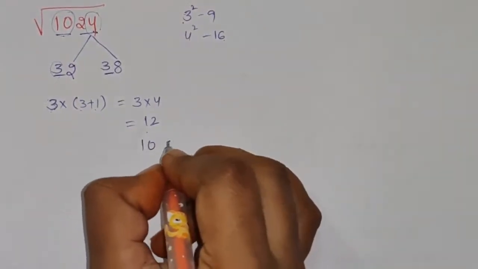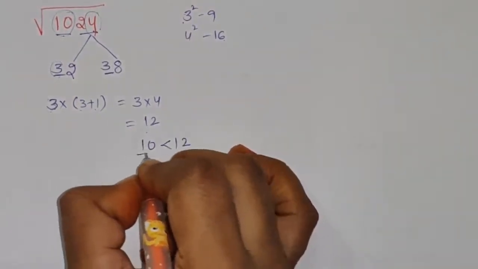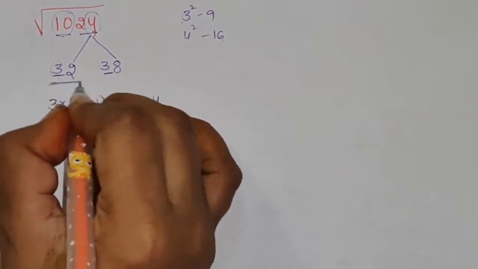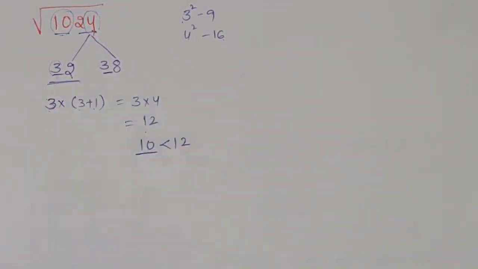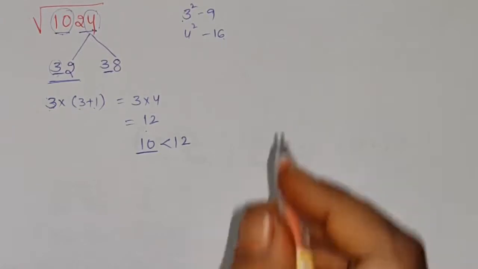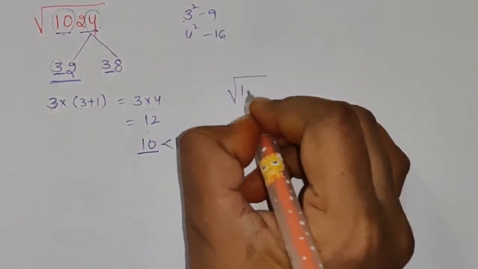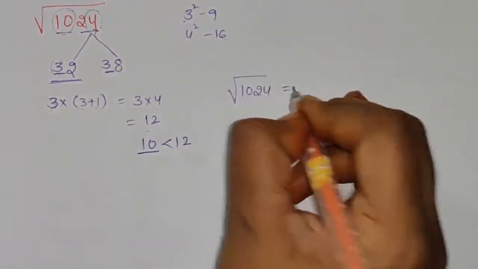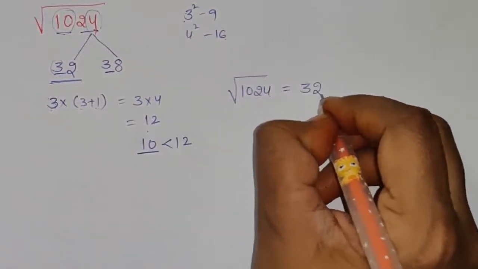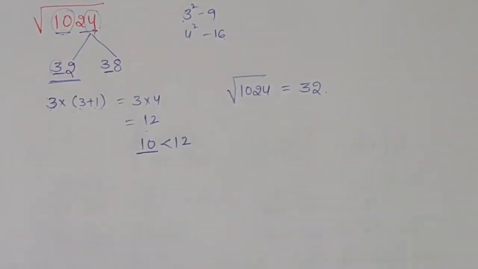Yes, 10 is less than 12, which is smaller. So the smaller number will be the perfect square root for the given number. If it is greater, the greater number will be the perfect square root for the given number. So under root of 1024 is equal to 32. The square root of 1024 is 32.